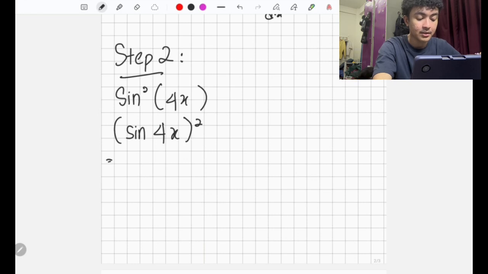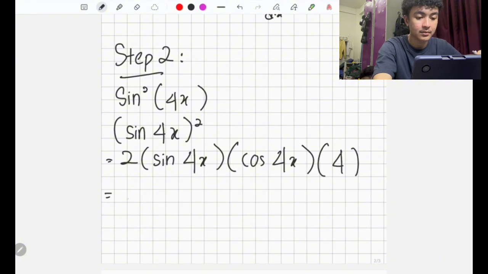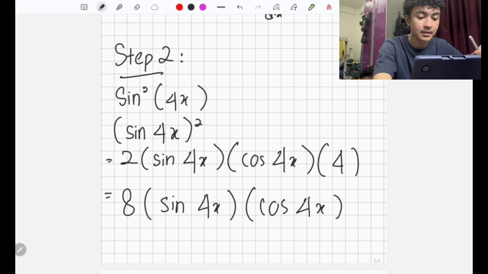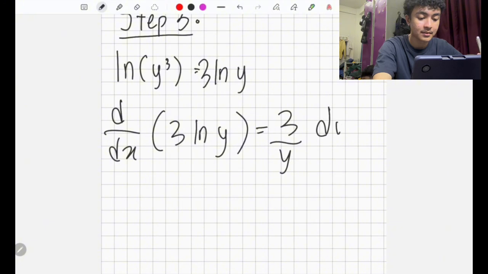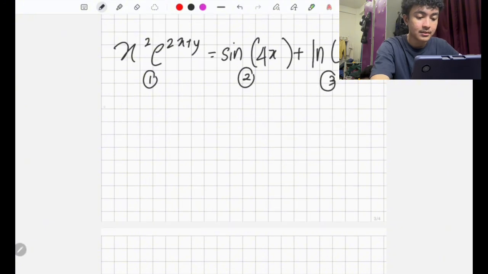sin^2(4x). Step 3. We differentiate the ln y^3. Step 4.